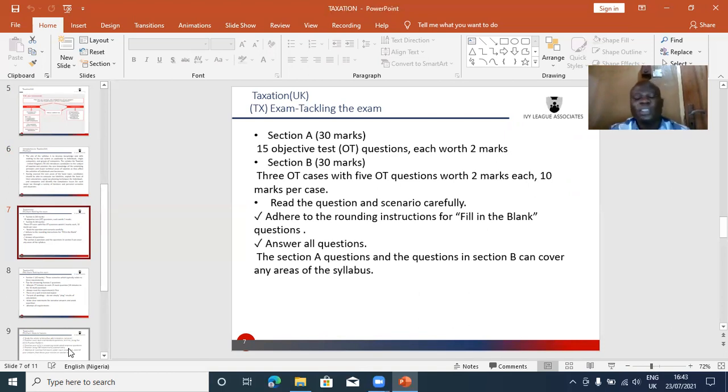And as far as these objective questions are concerned, they'll be drawn from any area of the syllabus. So the examiner has not given us specific guidance as to where these objective questions will be drawn, but he has told us that they would cover the entire gamut of the syllabus.